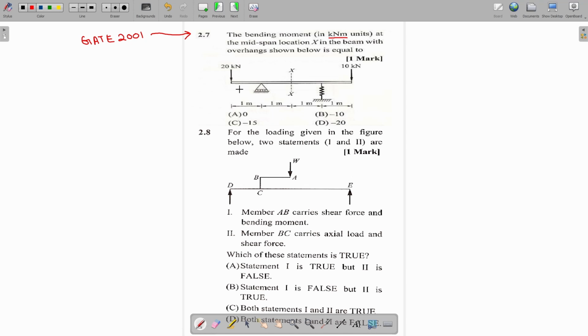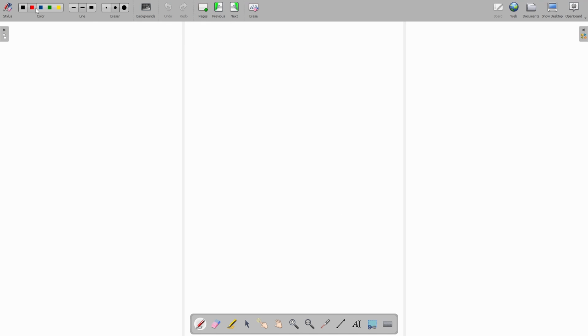So we don't know if the beam is going like this or like this. To know the deflected shape of the beam, we need to consider the free body diagram. So on to the free body diagram, question number 2.7.